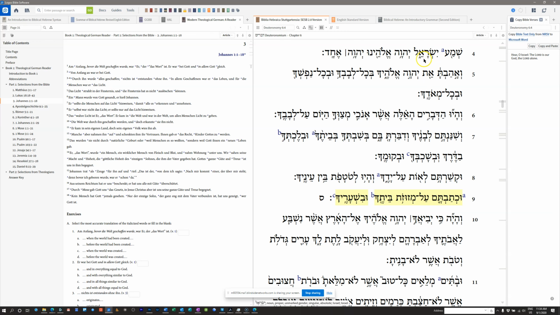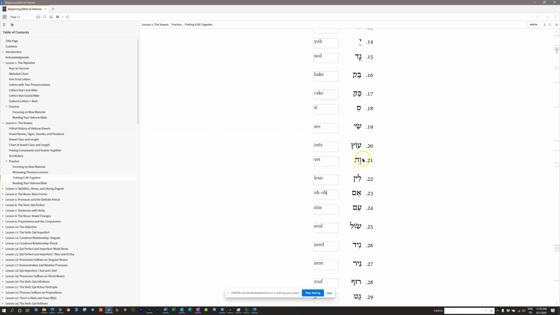If you just blend these vowels together, you wouldn't hear it. But if you say Yis-rael, now you can hear the stop. You can hear that pause there. So that is the value of the aleph when you want to talk about pronunciation. It's that pause that you hear in uh-oh.